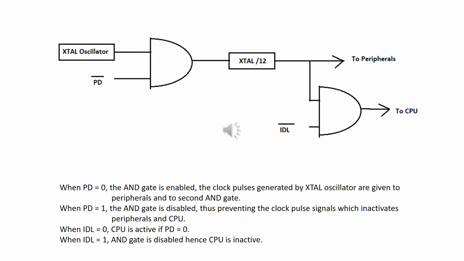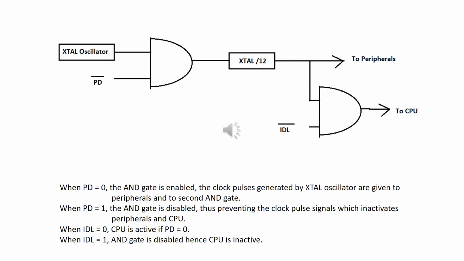Then when PD bar is equal to 0, that means when it is enabled, the oscillator passes through the AND gate. We know that for 8051 the oscillator frequency is divided by 12 to get the actual frequency, and this is directly given to the peripherals.